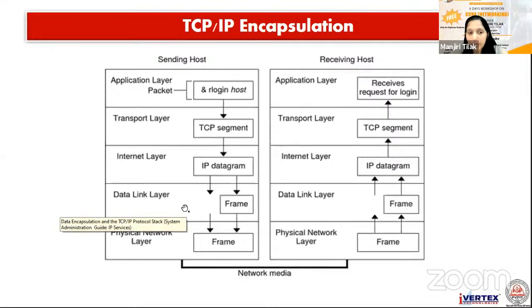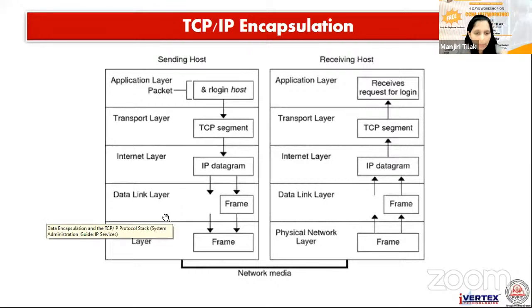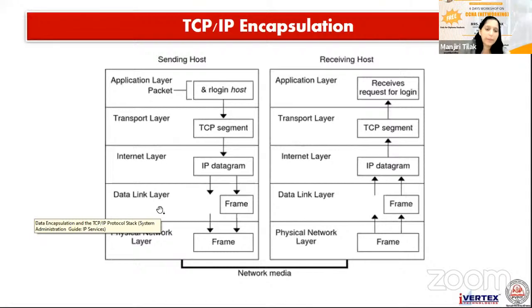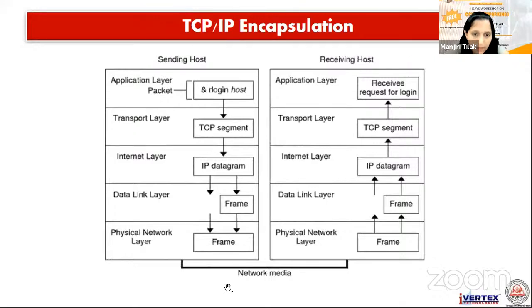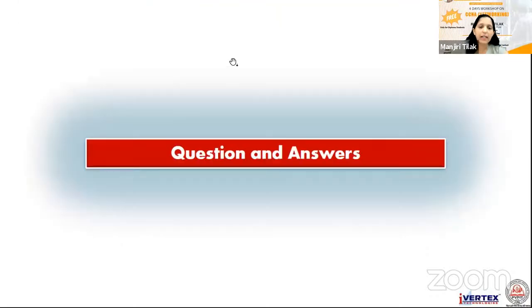Again, one encapsulation will be there, and then your data will be known as a frame. So at each layer, some headers will be added to the data, and your data is known as encapsulated data. Is that clear now, Rohini? And at the receiving end, what will happen? One by one, each header will be removed so that the receiver will get the actual application layer request. Clear? So now let's see all these things in a simulator so that it will be clear to you.